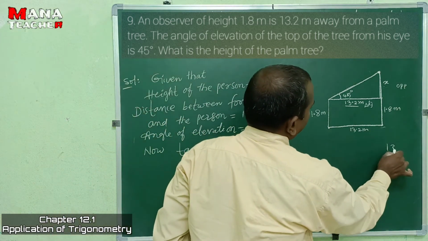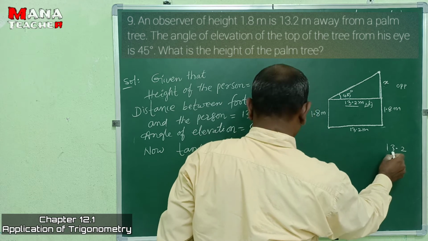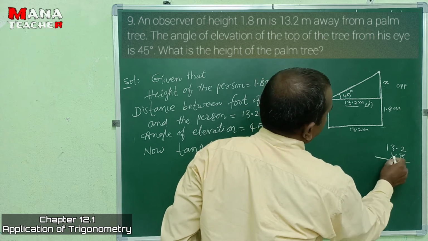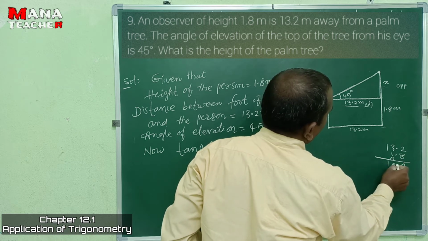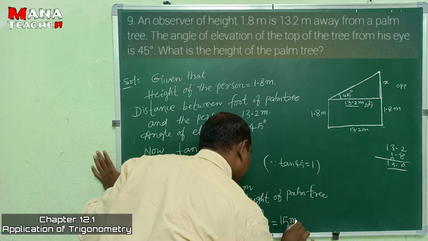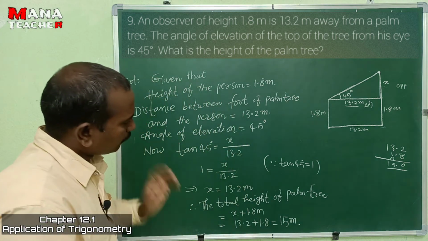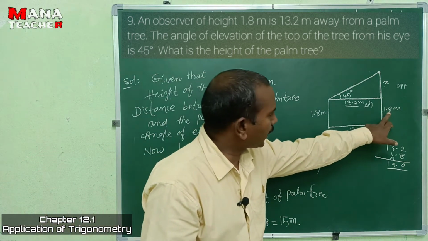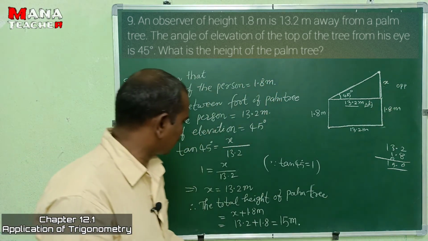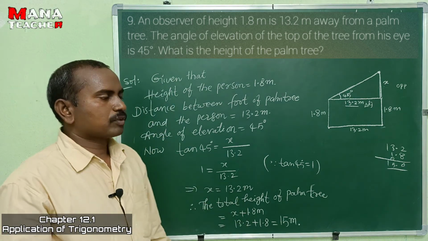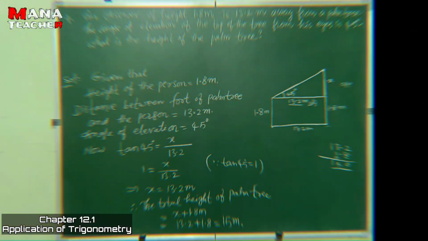Here 13.2 plus 1.8 gives 15. So that equals 15 meters. So this is the total height of the palm tree, 1.8 plus x. x is nothing but 13.2 meters. So this is the ninth solution.